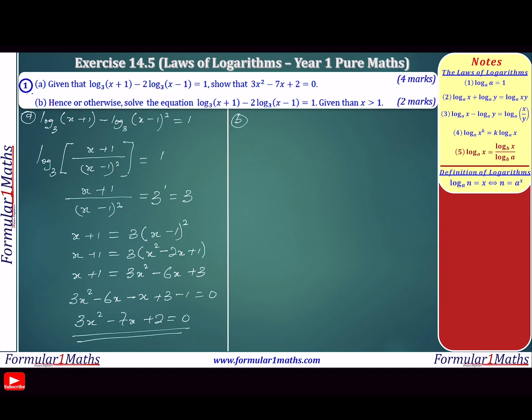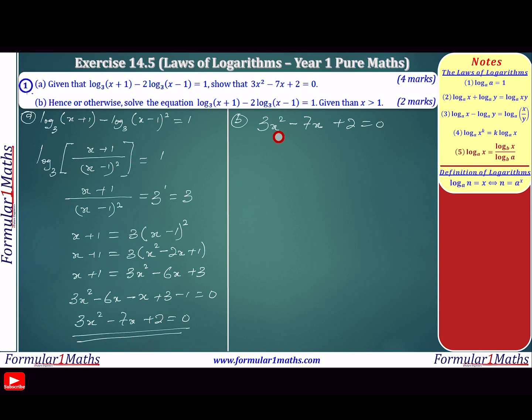For B, since we know that this whole equation has been shown to be equal to this, all we do now is solve this equation. So 3x squared minus 7x plus 2 equals 0.